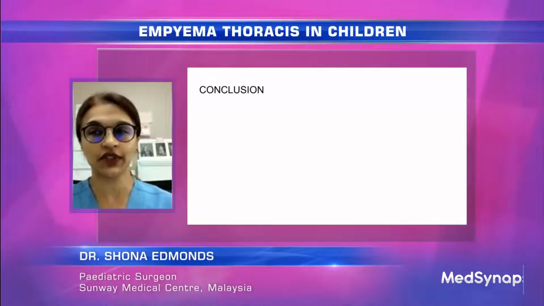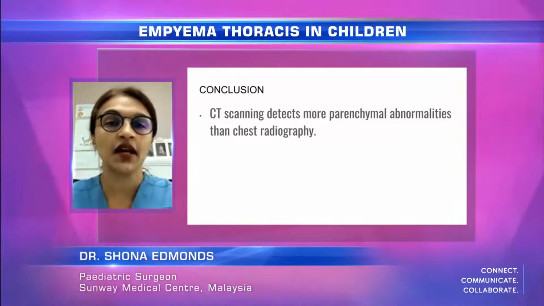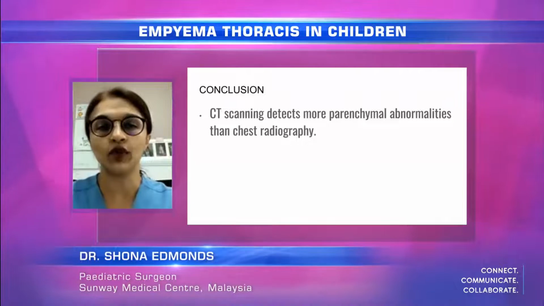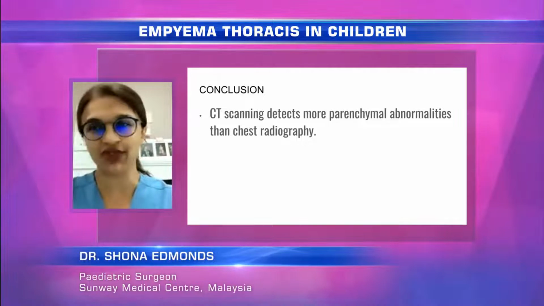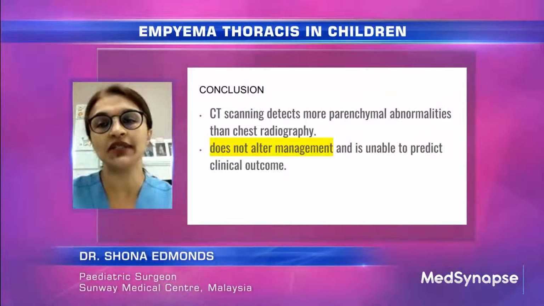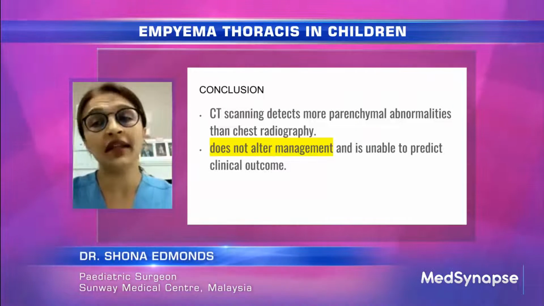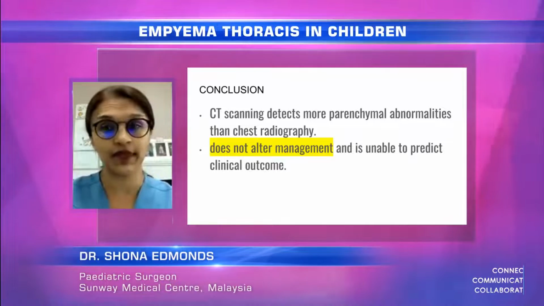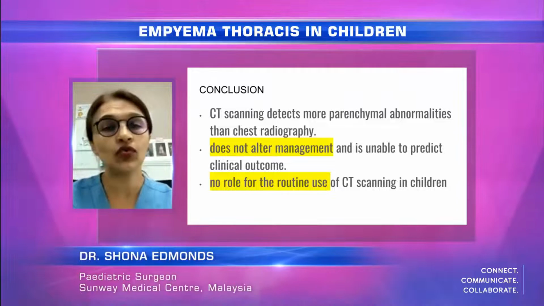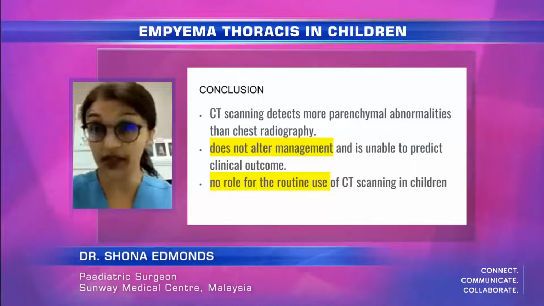And its conclusion was interesting. It basically stated that CT scans do detect more parenchymal abnormalities than chest radiographs, naturally, right? However, it does not alter the management of a patient with Empyema Thoracis, and it is unable to predict its clinical outcome.